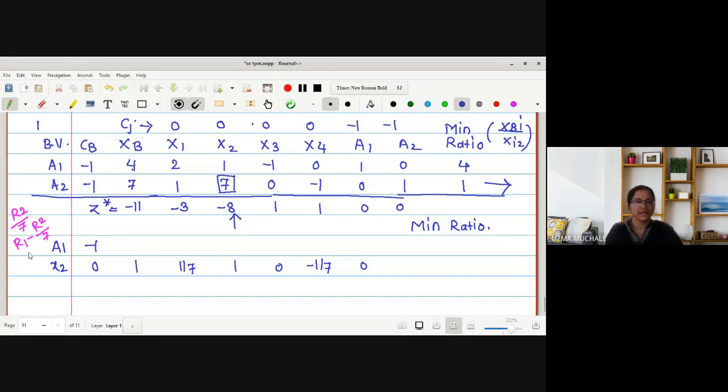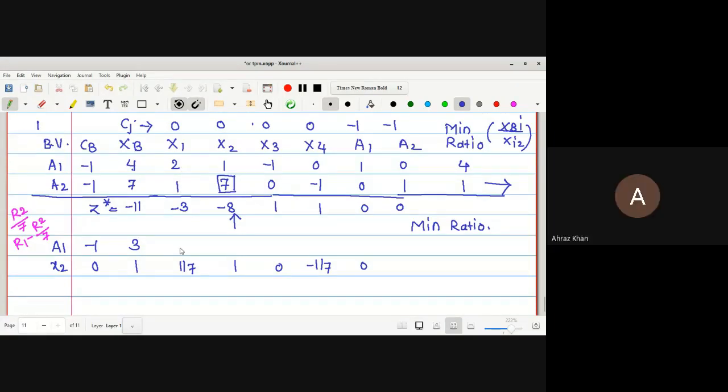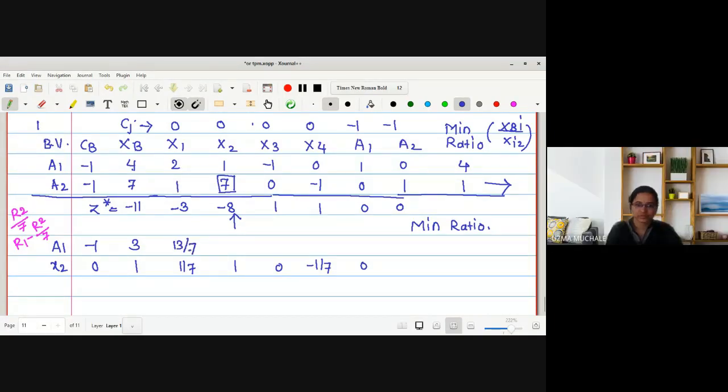Now let us do the second row operation R1 minus R2 by 7. 4 minus R2 by 7. 4 minus 1. Is it 3? Yes, ma'am. What is the entry here? 2 minus 1 by 7. 14 minus 1 by 7, 14 by 7. Good.